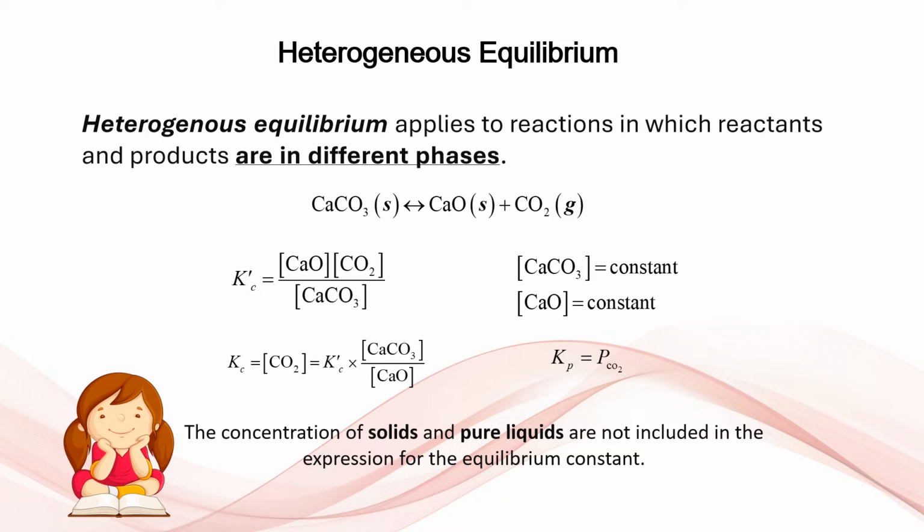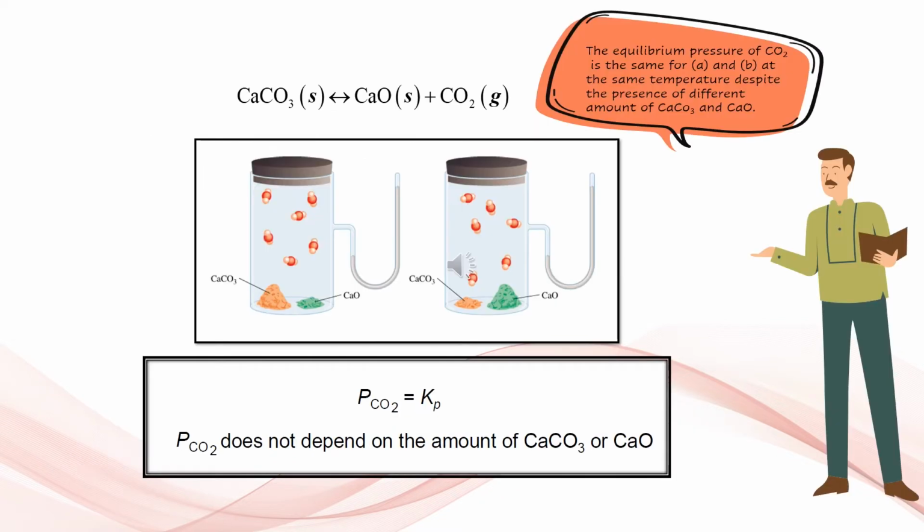Alternatively, we can also write the equilibrium constant Kp equals the partial pressure of carbon dioxide. The figure shows that the reaction was carried out at the same temperature with different amounts of calcium carbonate and calcium oxide.